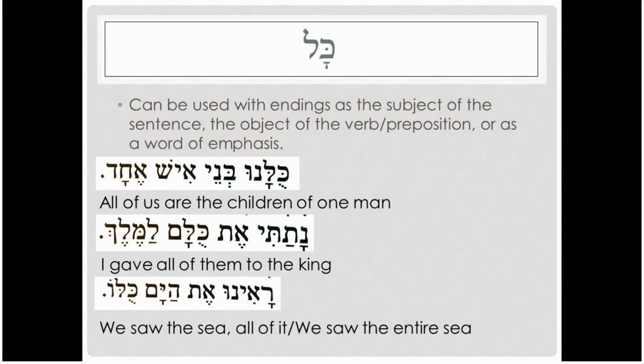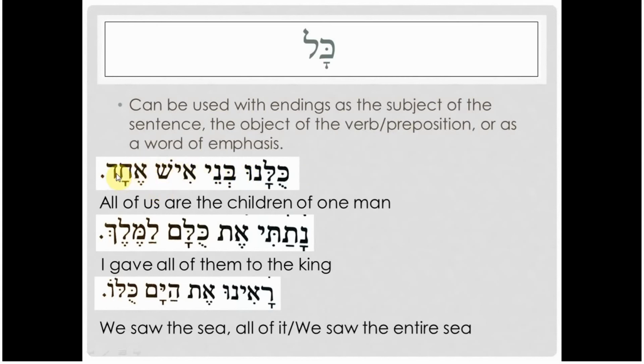So kulanu. Here I'm looking at the first sentence. Kulanu b'nei ish echad. Here's our kol, and it has the first common plural pronominal suffix, so all of us is how we would do this woodenly. All of us are b'nei ish, children of one man.